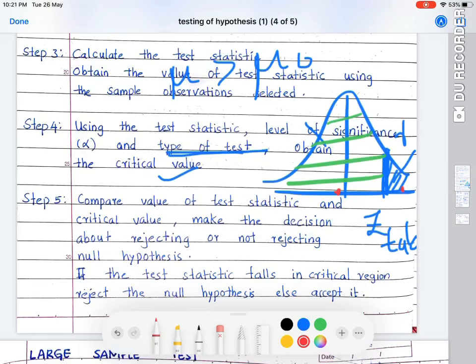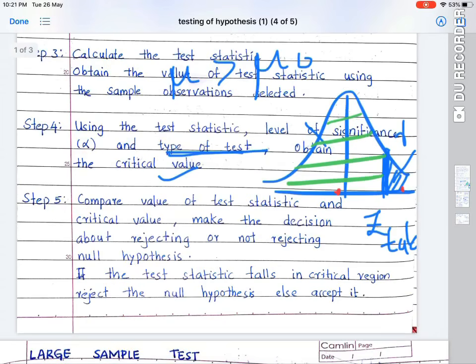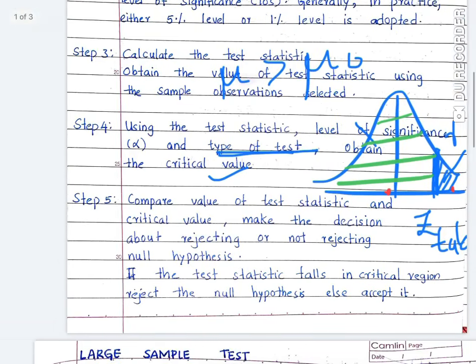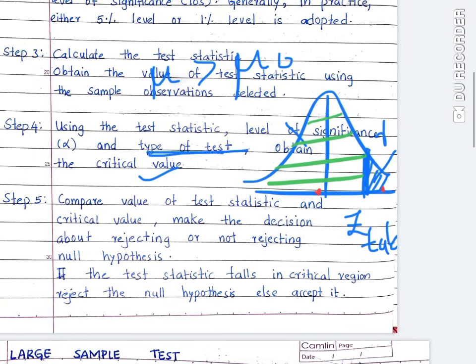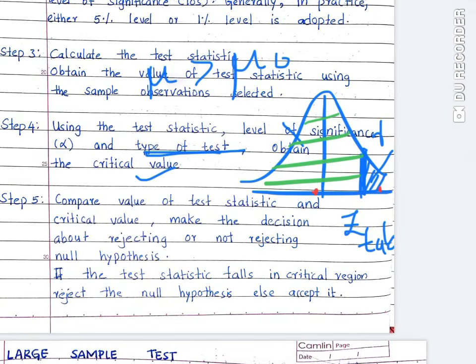If you read this last line, you will understand. Compare the value of test statistic and a critical value. Critical value is nothing but the tabulated value. Make the decision about rejecting or not rejecting the null hypothesis. If the test statistic falls in the critical region, that is the rejection region, reject the null hypothesis, else accept it.